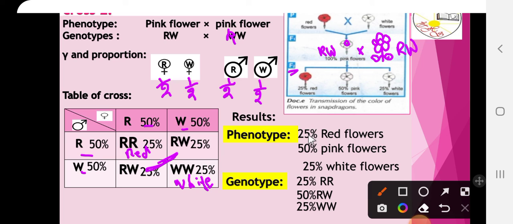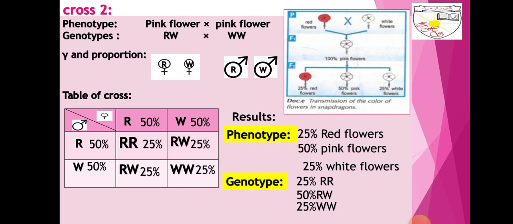So the phenotype is 25% red, 50% pink, and 25% white, while the genotype is 25% RR, 50% RW, 25% WW. So I have to know that in case of intermediate dominance, how many phenotypes do we get? Three phenotypes, if they are in the F2 generation, and three genotypes. Okay.